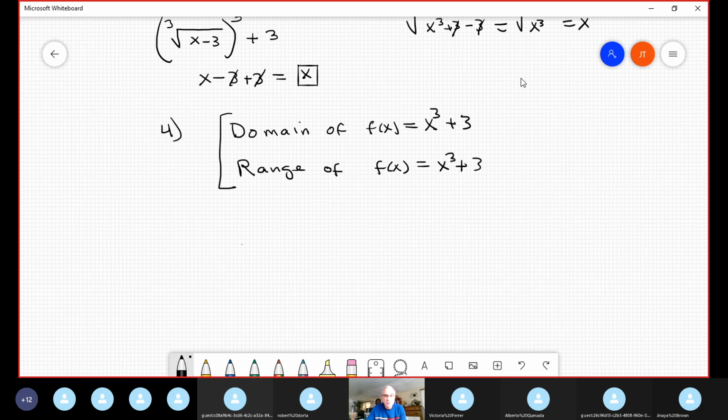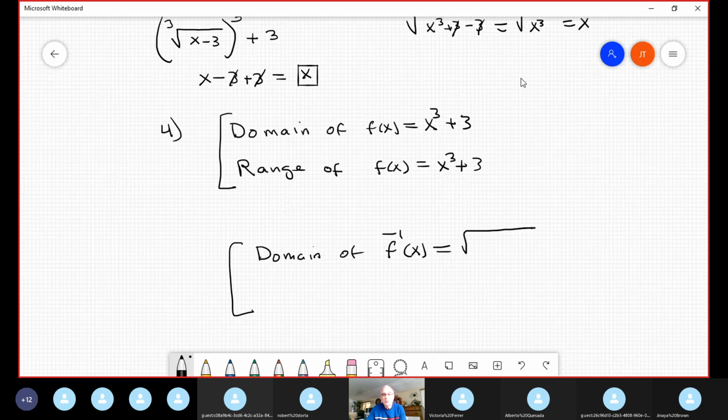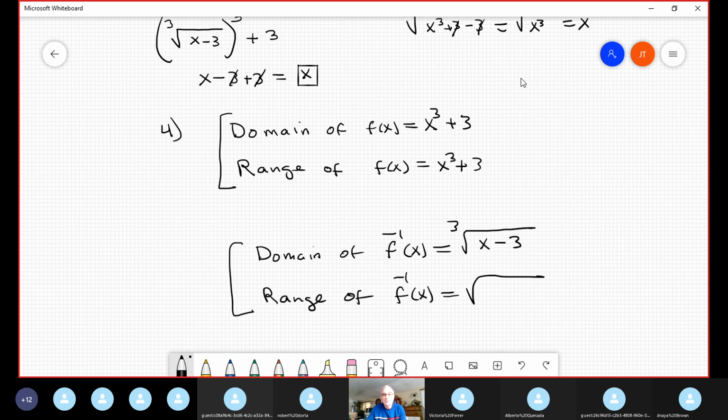And also the domain of the inverse function, if the inverse function was cubic root of x minus 3, no? And the range of the inverse function is the same expression.